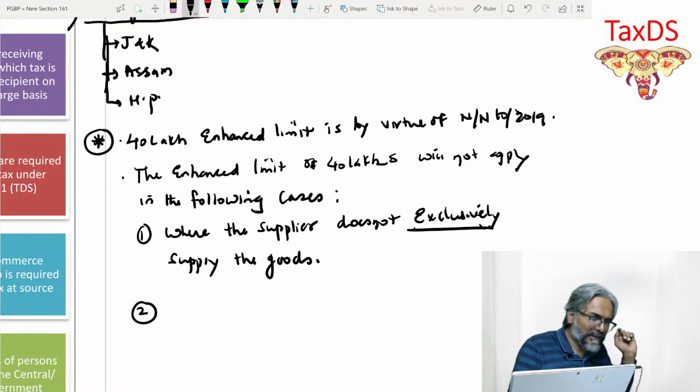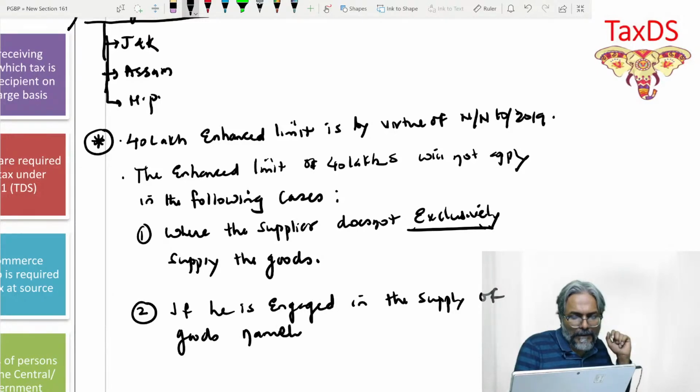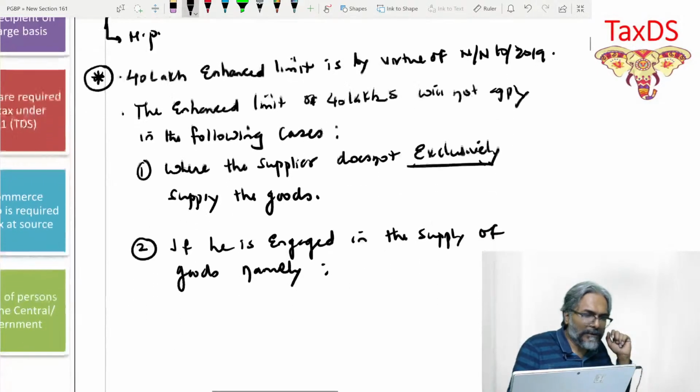The second point, students, is that in this regard, if he is engaged in the supply of goods, namely what?